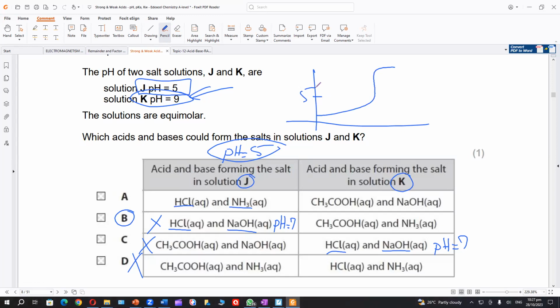In the second option, CH3COOH is a weak acid and the other is a strong alkali.